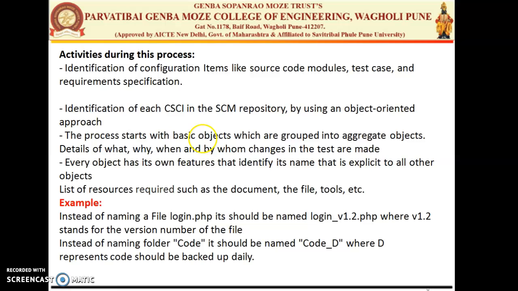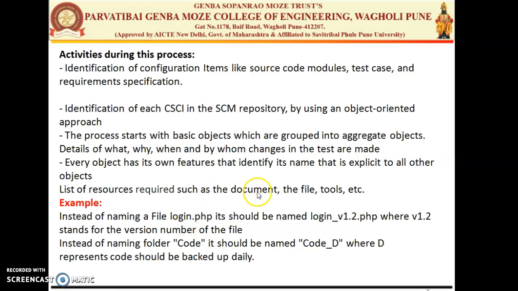Every object has its own feature that identifies its name, which is explicit to all other objects, so that features are found, and the list of all the resources which are required, such as documents, files and tools, are prepared. So these activities are carried out in software configuration identification, or we can say the configuration identification process.